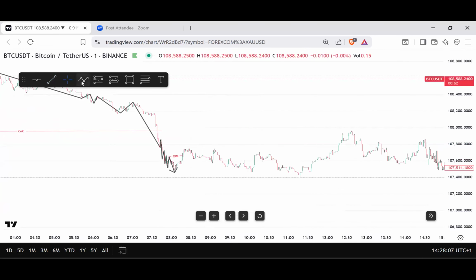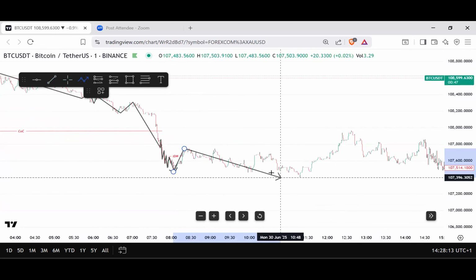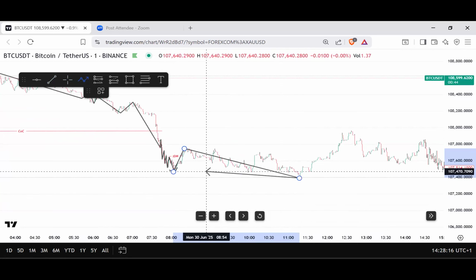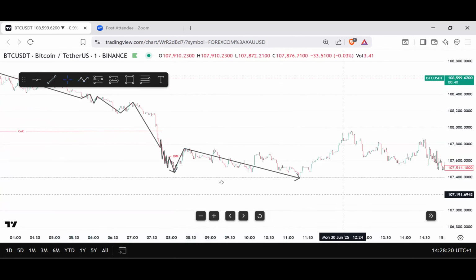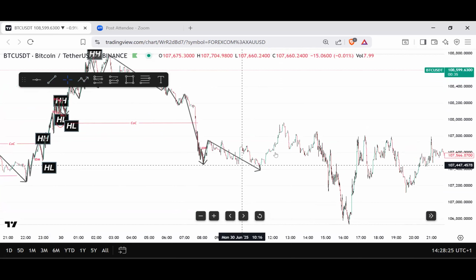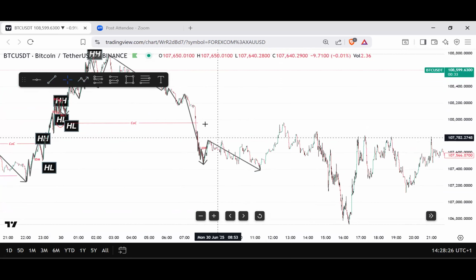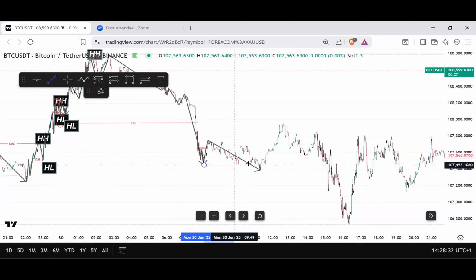So price did a correction down here. So we can say that is a BOS. This is a break of structure.